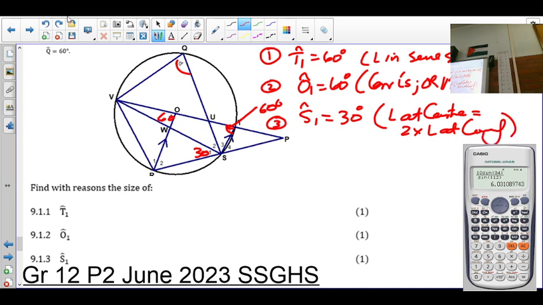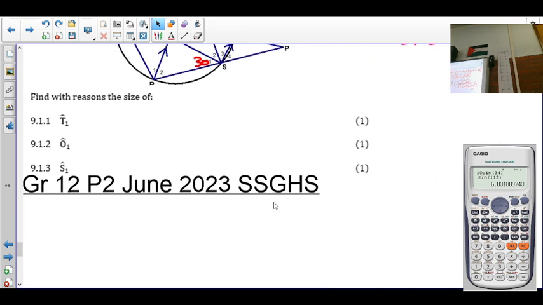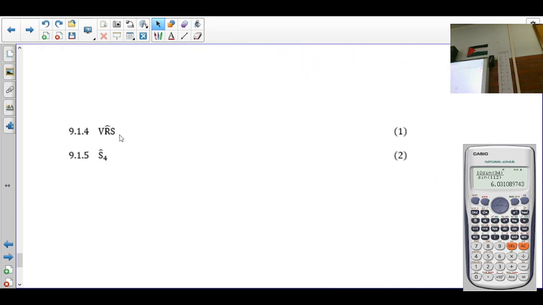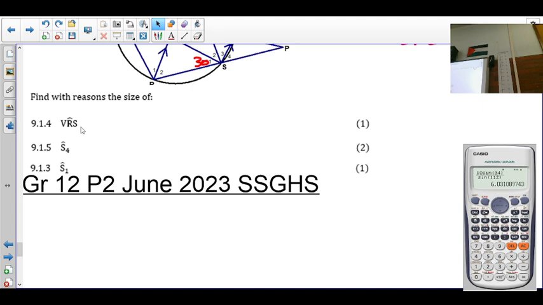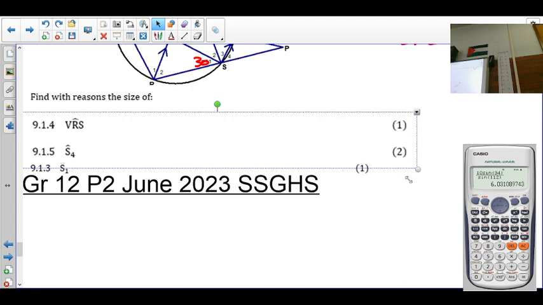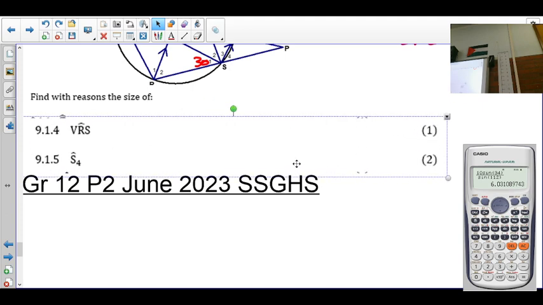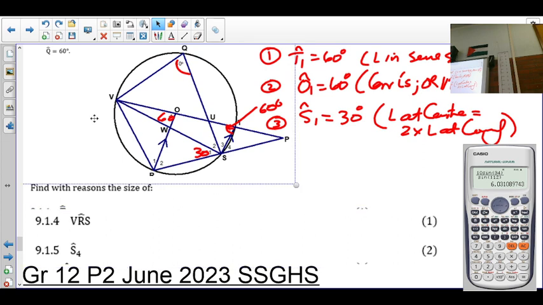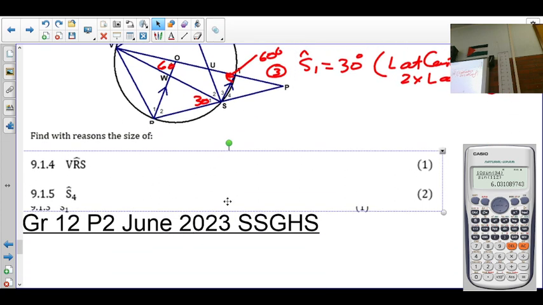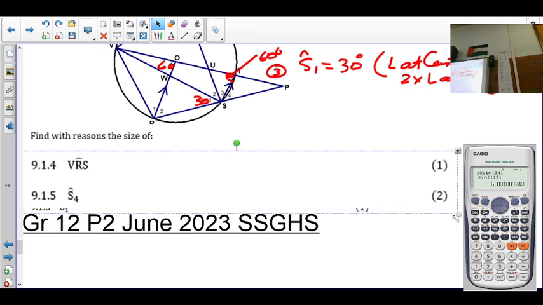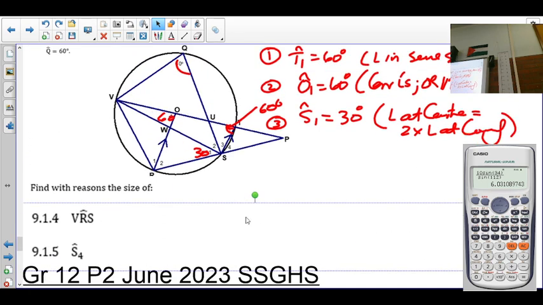Okay. Sure there's more to this diagram? Yep. So in number 4, they want you to calculate VRS, this angle here.